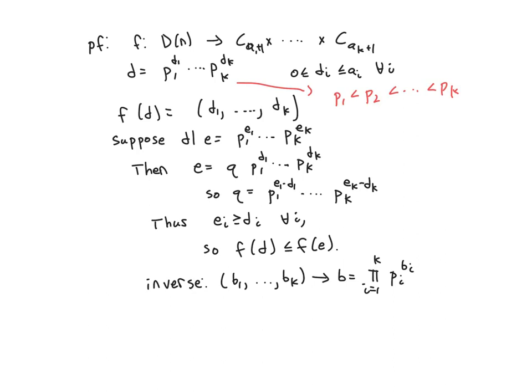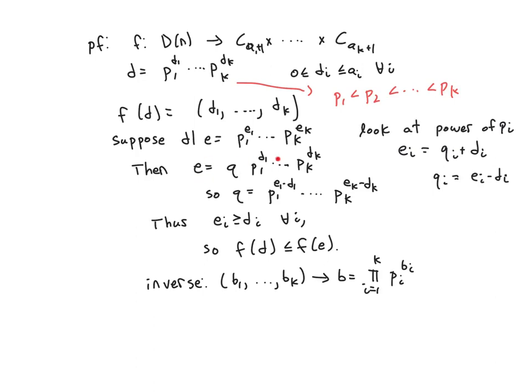So in other words, if you actually look at the powers of p_i, on one expression it has to be e_i. On the other hand, it has to be whatever it is for q plus whatever it is for d. And so then you see that the power, when you factor q, has to be e_i minus d_i.